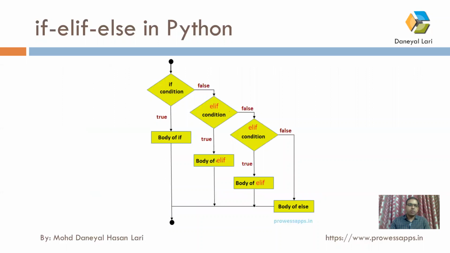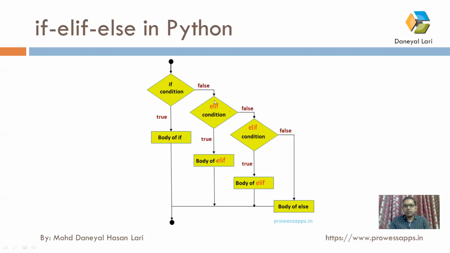So this is the block diagram of the if-elif-else statement in Python. First of all, when the if condition executes, if that condition gets true, then the body of if will execute, and your program will continue executing normally. Then suppose your if condition gets false, in that case your elif will execute, and elif can also be true or false.